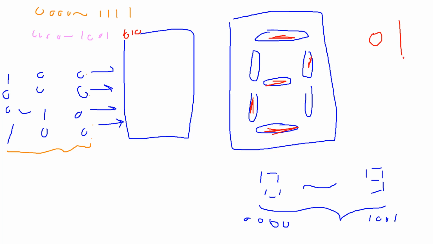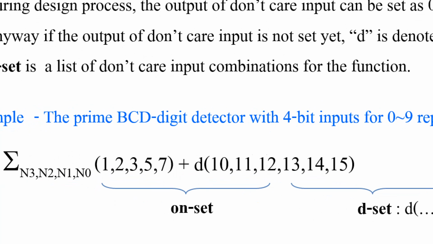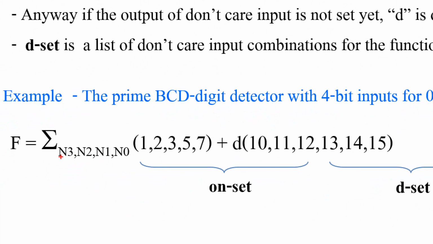In the design, 0, 1 become what? Yes, it's D. These are don't care. It's called the don't care set. For example, this is the on set. If you apply the input value 1, 2, 3, 5, or 7, it gives logic 1 output.